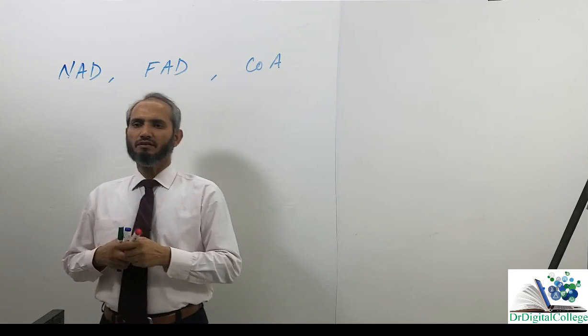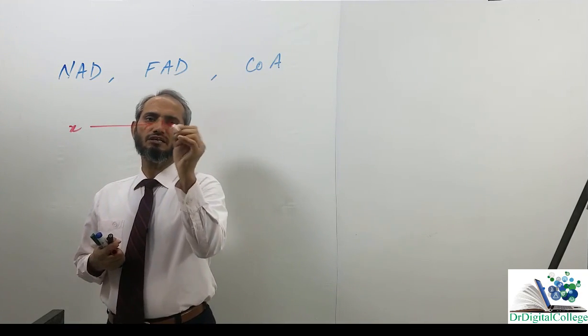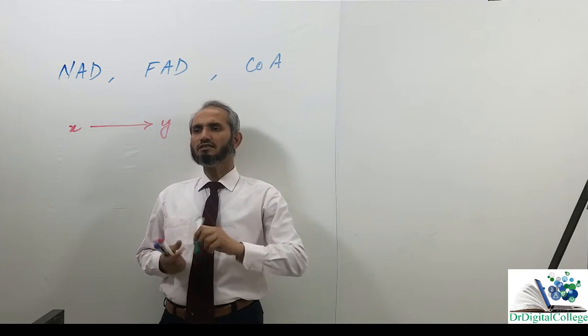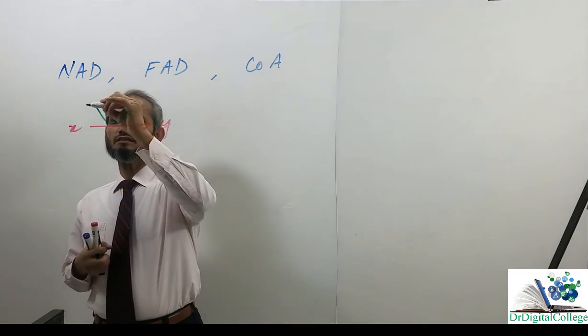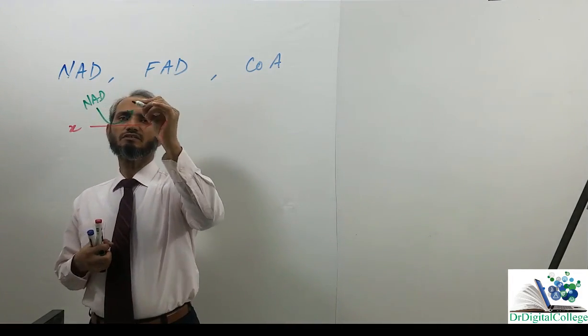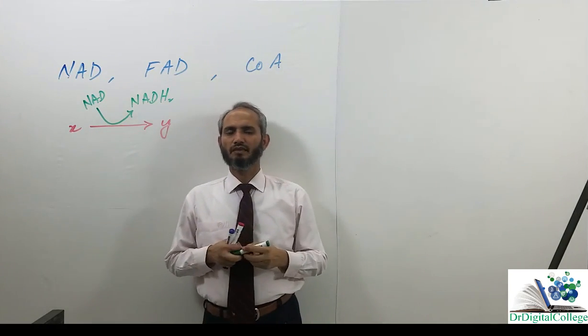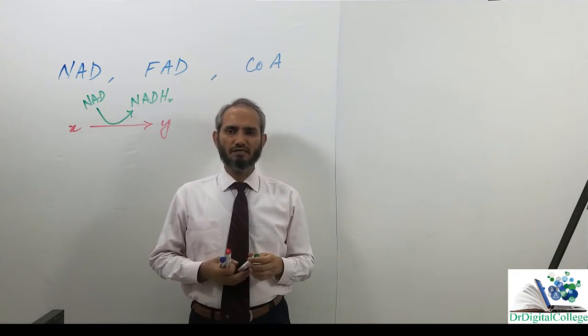Say for example, if X is to be oxidized into Y, there must be some oxidizing agent. In this case, the oxidizing agent we have studied is NAD, which itself is reduced into NADH2. There are different processes during which this oxidation is occurring.